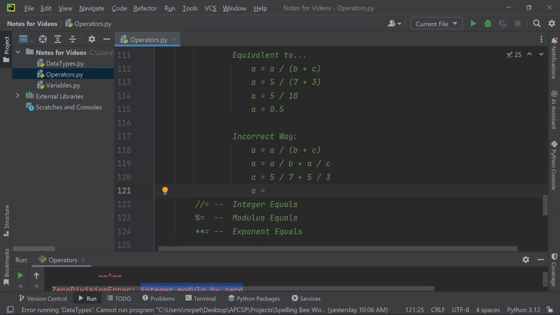This is going to be 0.7 something. Let's see, 0.71, do some long division in the head, 4, 2, and so on, plus 5 divided by 3. This is greater than 1, 1.6.